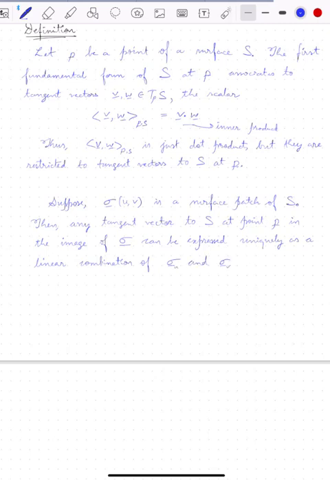And as we recall, both of them are tangent vectors; they span the tangent plane at any point P to the surface S.